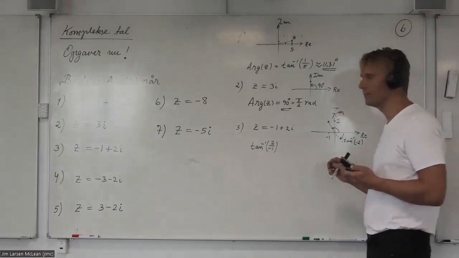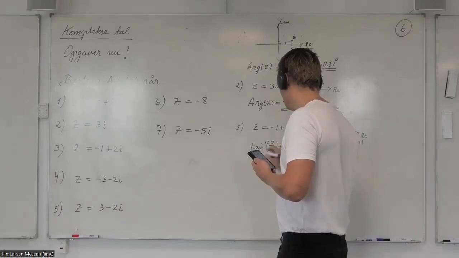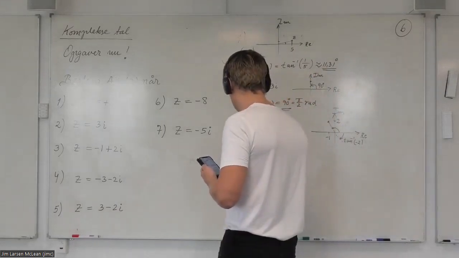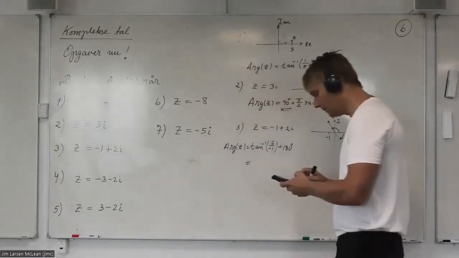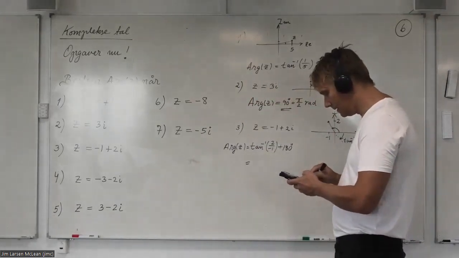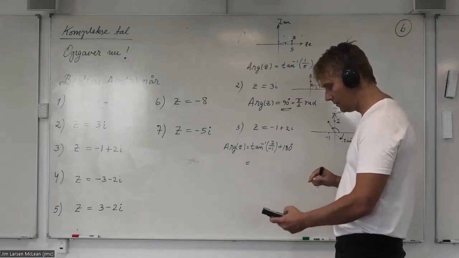That will give me the correct angle. If I just add 180 degrees to it, I get the principal argument. And that makes, if I just do the math, the arctangent of negative 2 plus 180, approximately 116.6 degrees.